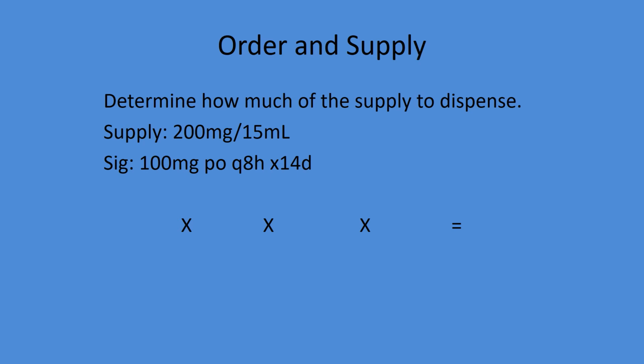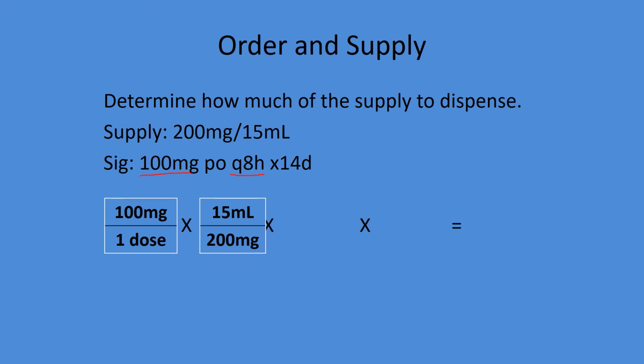In this example, we'll need to contend with an extra number, the amount number. So we'll start similarly with the order. We need 100 milligrams per dose. And how many doses in a day do we get? So every 8 hours, that's going to give us 3 doses in a day.